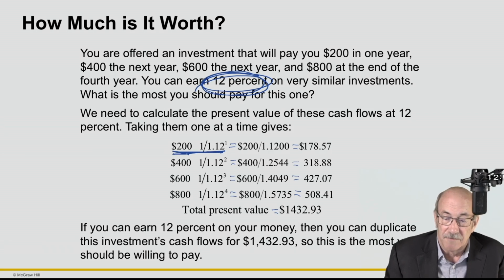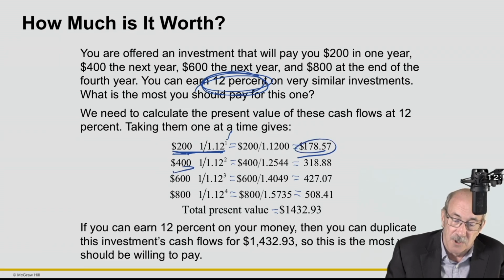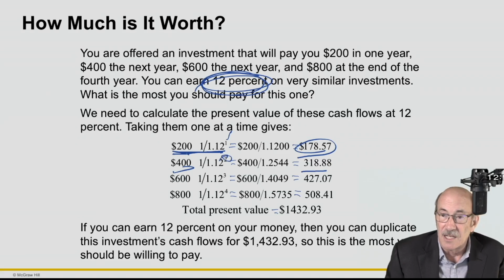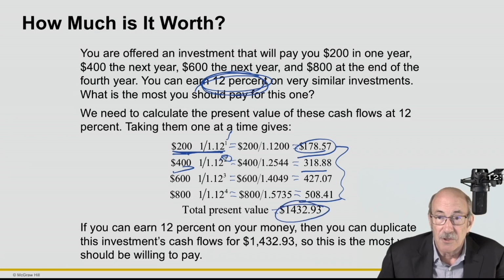So here the first $200 is 1 year out, so we just discount it by 1 year, and that gives us $178.57. The next one is $400, and that's 2 years out, and we discount it down to $318.88, and so forth. And then at the bottom here, we add all of these up, and we get a total of $1,432.93.